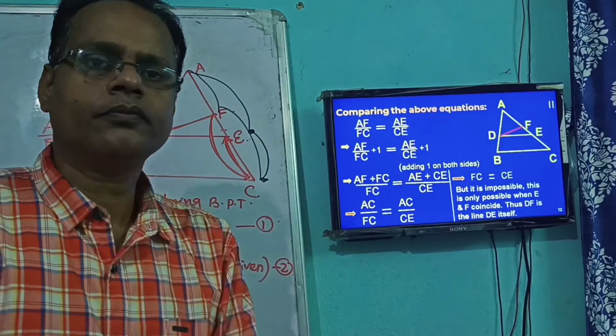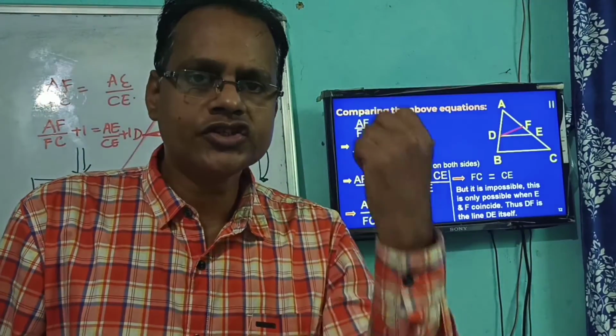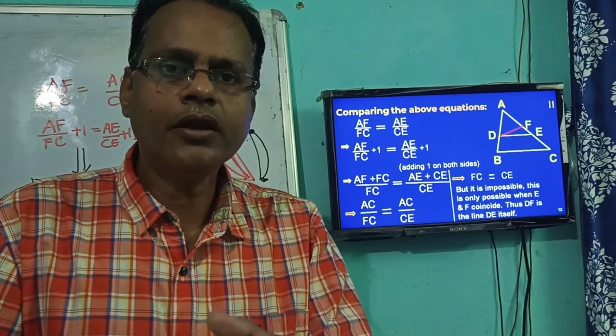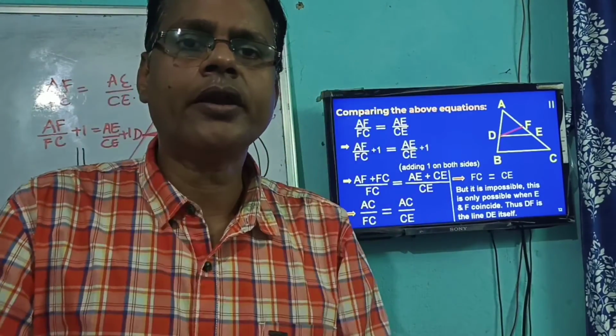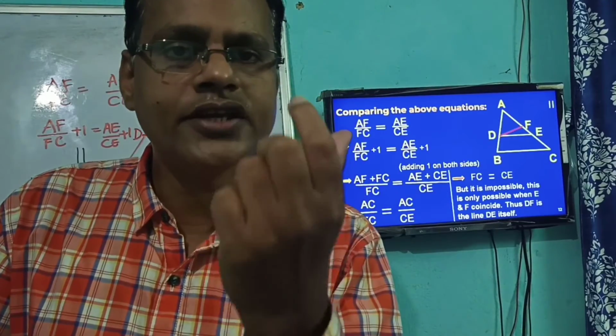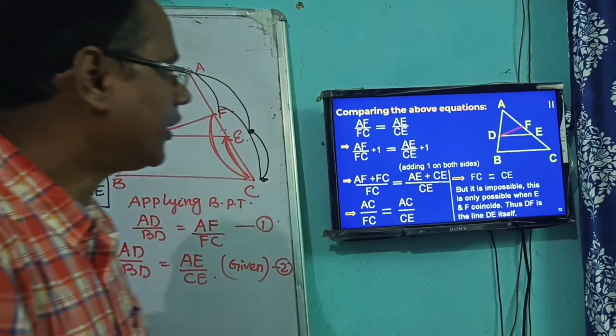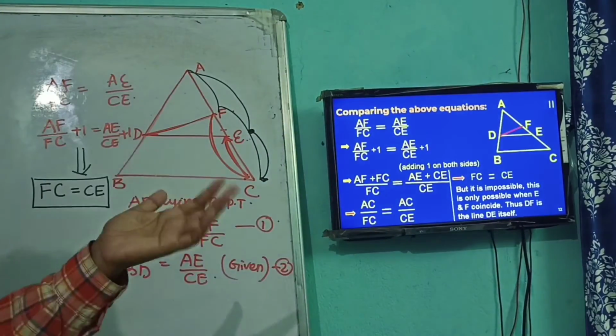Here you stop your mathematical argument. Then you just write why this absurd answer is coming: it is impossible. So how will this be possible?